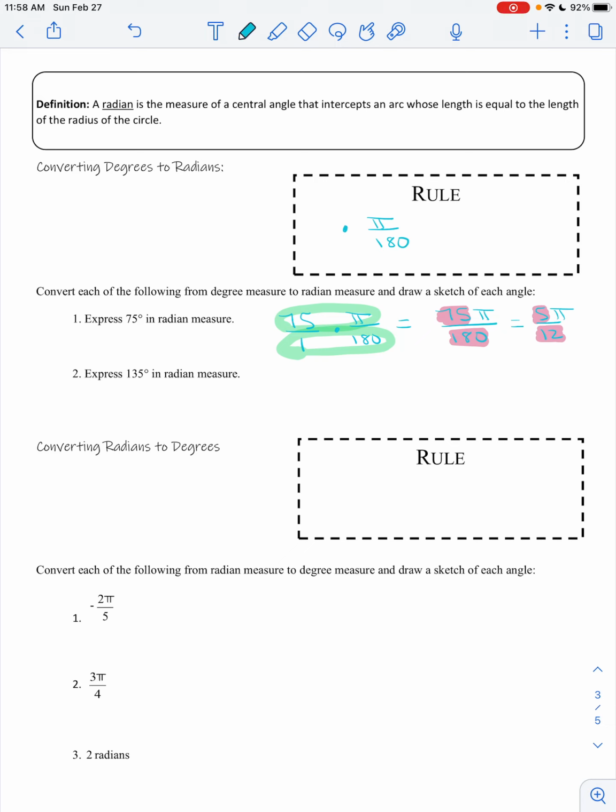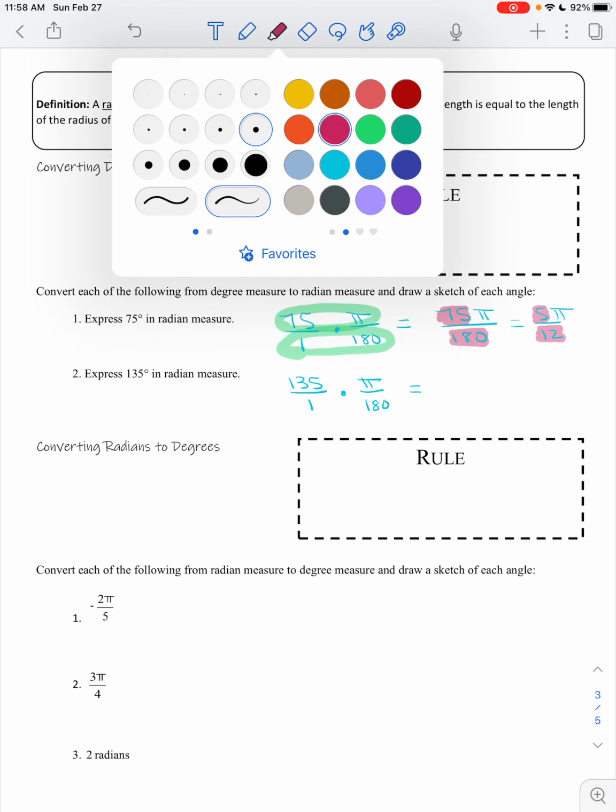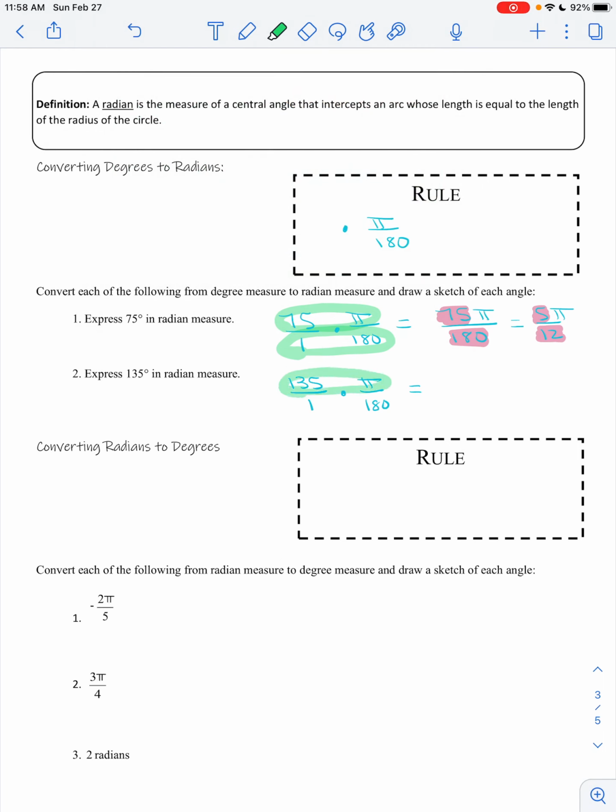Okay, let's take a look at the second one. So 135 degrees, we want to express that in radian measure. So if I multiply by pi over 180, I'm going to multiply across the top and the bottom, so like this. I get 135 pi divided by 180.